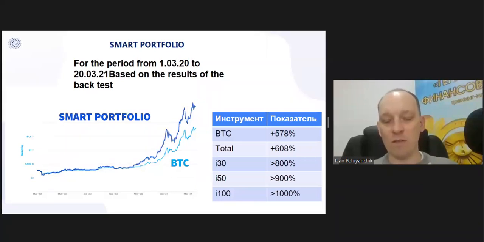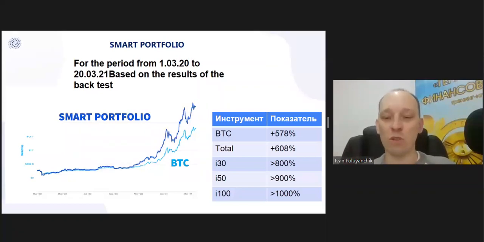And another time period after November 2020, it started to grow. And in this picture, actually, it is not visible, but I believe you can spot that Smart Portfolio was growing a bit higher than Bitcoin. But when there was a new growth wave for Bitcoin, Smart Portfolio showed better efficiency and results.